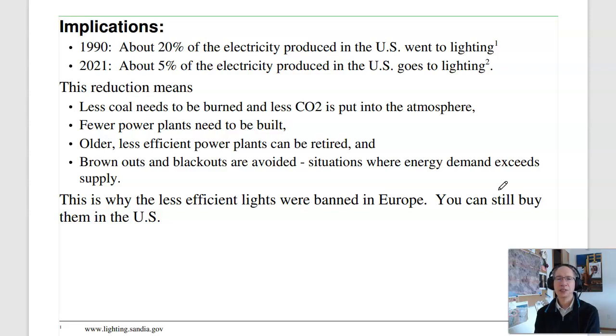That 15% reduction in the energy use means that's fewer coal plants that we need, less coal that needs to be burned to produce that electricity. We need fewer power plants. The older, less efficient power plants can be retired, and brownouts and blackouts can be avoided because we're just not using as much energy. That's part of the reason why the incandescent light bulbs, those 2% efficient light bulbs, are banned in Europe. You can still buy them in the US.